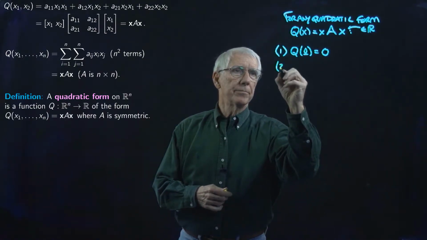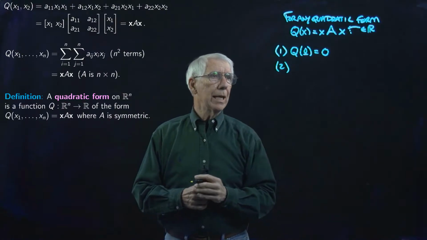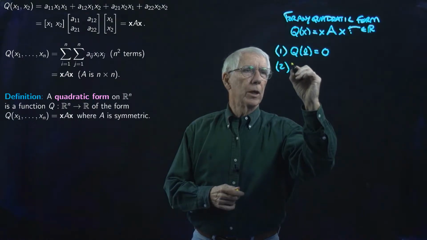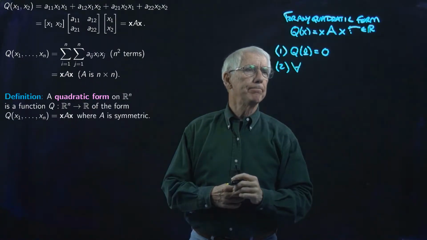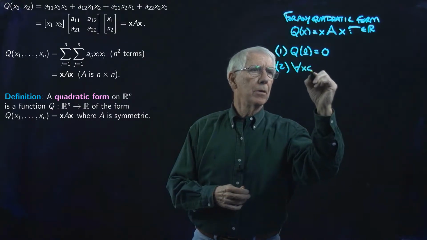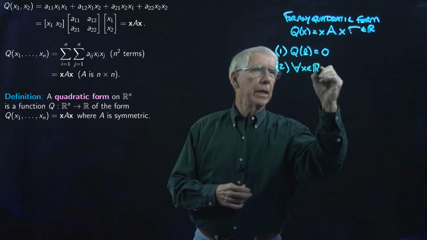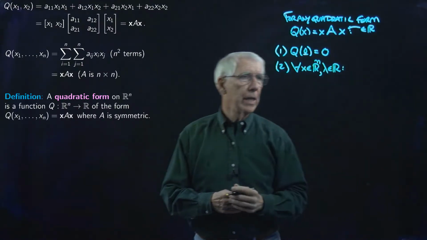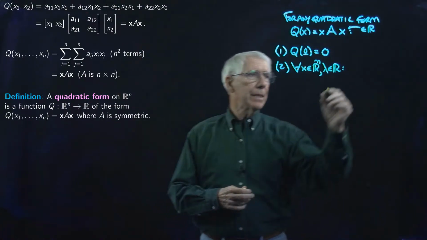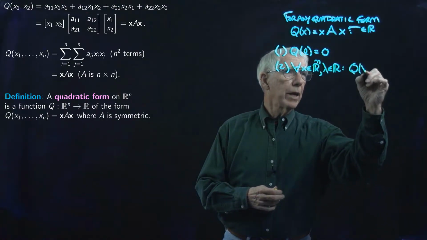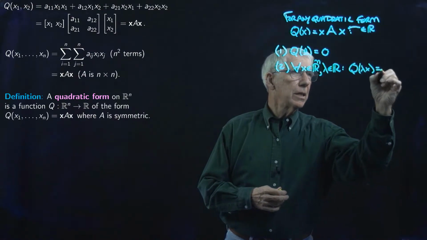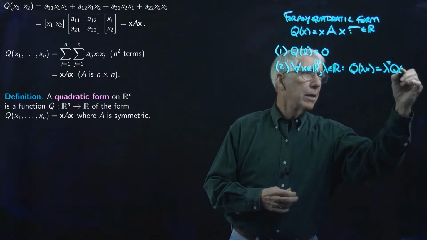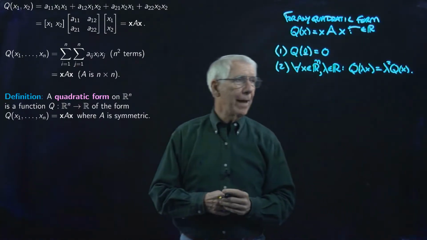Second, let's note that for any x in Rn and any scalar lambda, it is the case that Q of lambda x is not lambda times Q of x, it's lambda squared times Q of x.